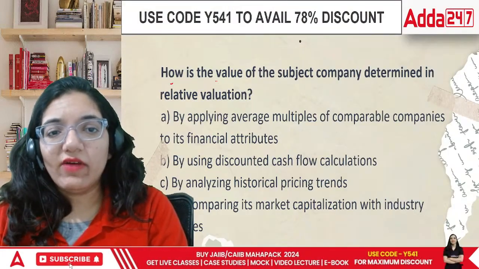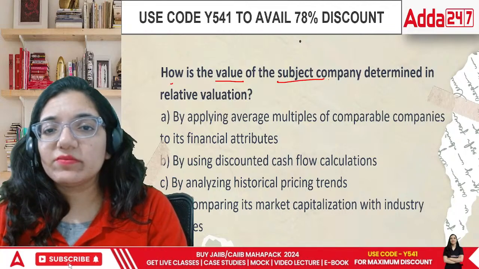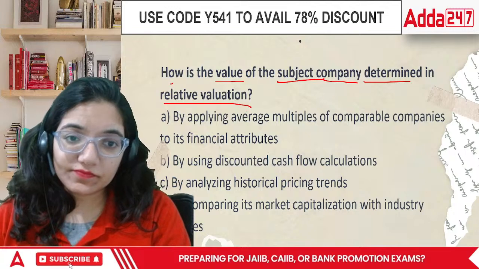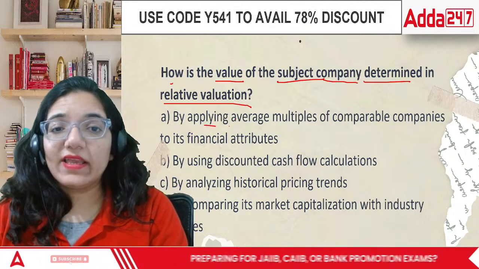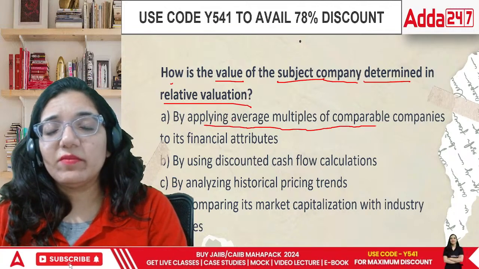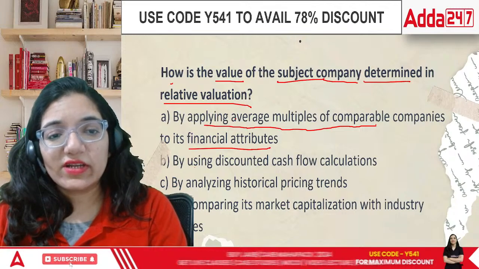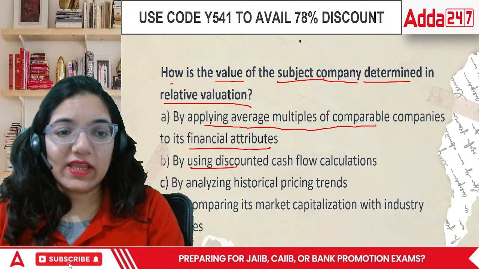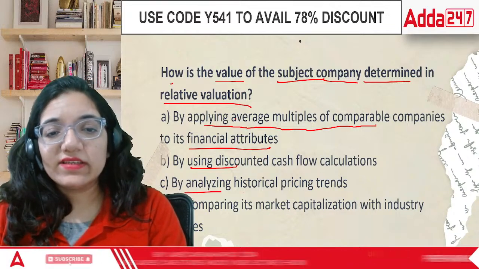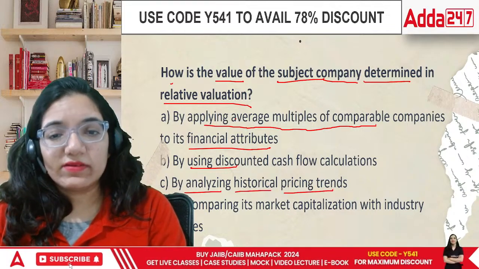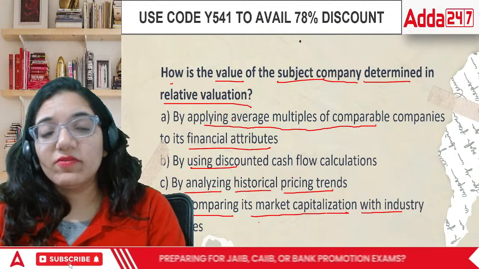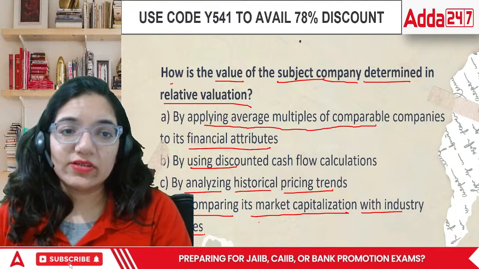How is the value of the subject company determined in relative valuation? By applying average multiples of comparable companies to its financial attributes, by using discounted cash flow value calculations, by analyzing historical pricing trends, or by comparing its market capitalization with industry average.